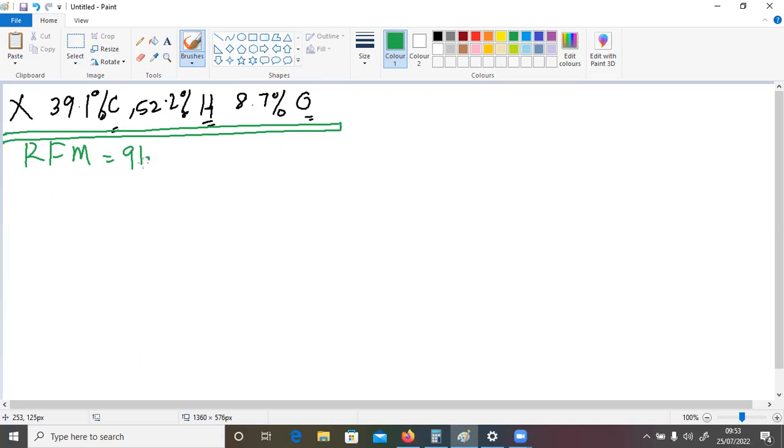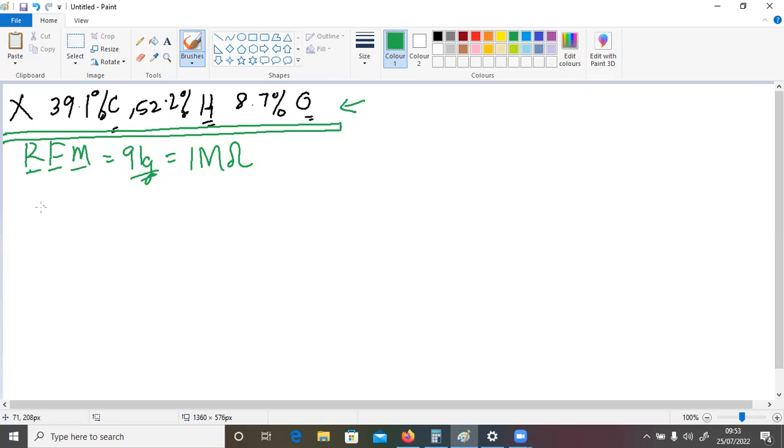So assume that we have 91 grams of this compound, or exactly 1 mole, because the relative formula mass also gives you 1 mole. All right, so let's start from there, and we'll do this in a different way.